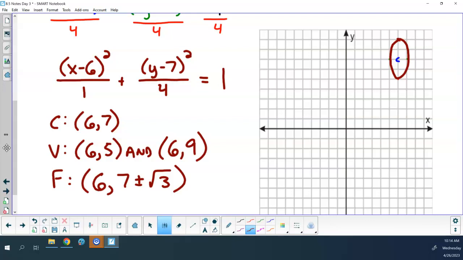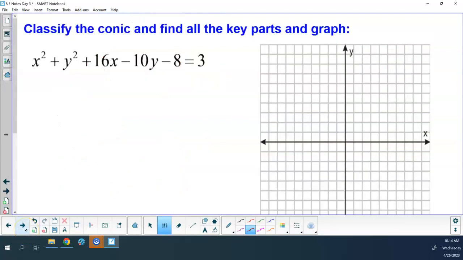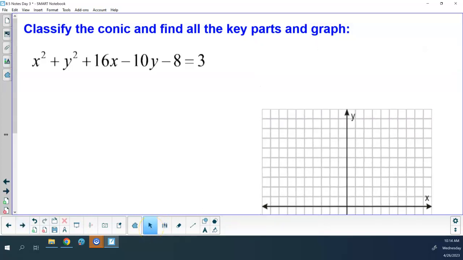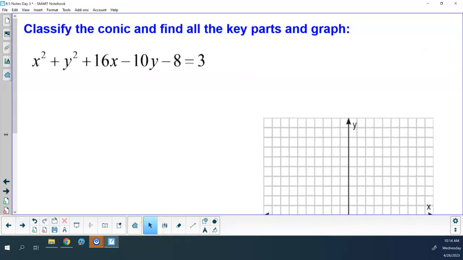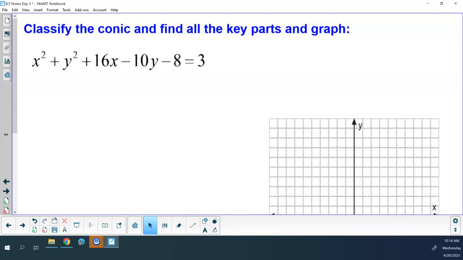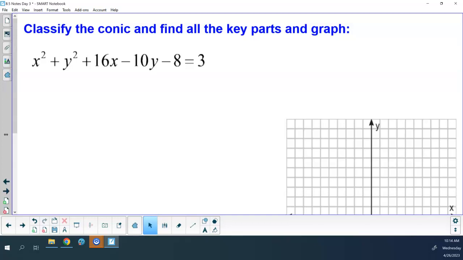Let's try another one. First things first. 1, you should write it down. And 2, we should figure out what it is. Why?